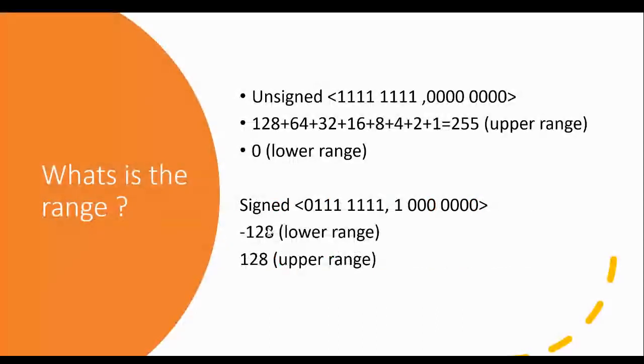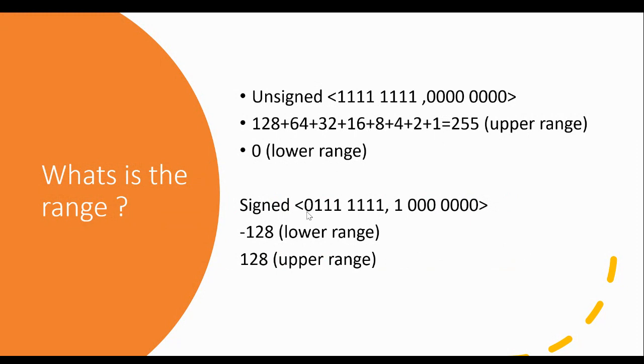So for the case of unsigned, everything is positive. Which brings us to the question, for signed and unsigned, what is the range, the upper range and the lower range that we are talking about? For unsigned, the upper range will be 1111 1111 and the lower range will be 0000 0000. So the lower range will become 0, and the upper range will become 255. There are 256 states because it's 0 indexed. But for signed, the upper range will be 0111 1111 and the lower range will be 1000 0000.